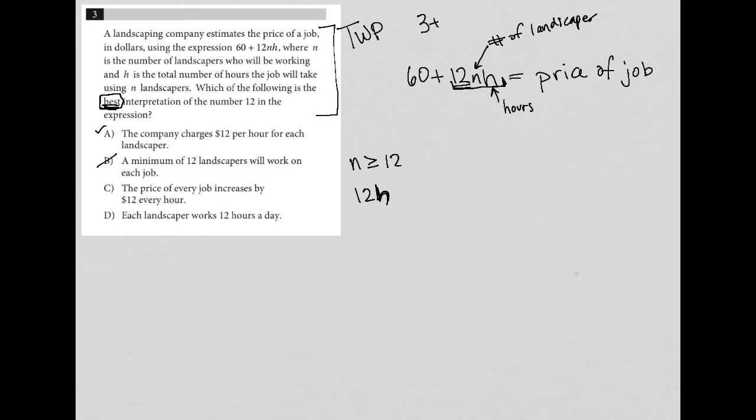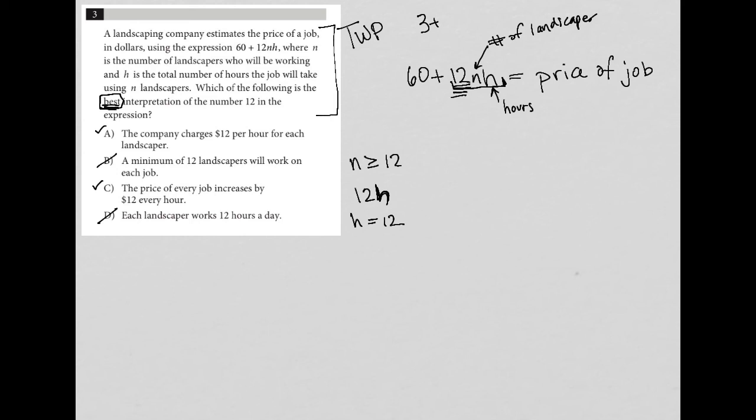It's not a horrible answer because there is a 12 in front of the H, but it completely removes the idea of the N, but I'm going to just leave it for right now. And then D, each landscaper works 12 hours a day. Just like with B, I'm going to cross out D because that would be to say that H equals 12, and we don't have that information. And definitely the 12 here in the front does not mean that 12 has to equal H.